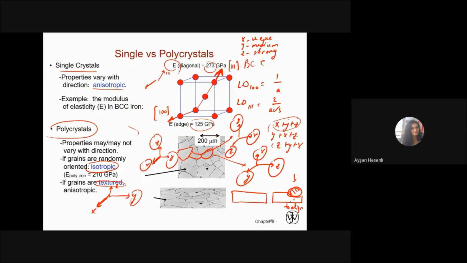You are forcing grains to align. So in this part, my material will be textured. And that's why this part of the material will be anisotropic, and this side will be isotropic.